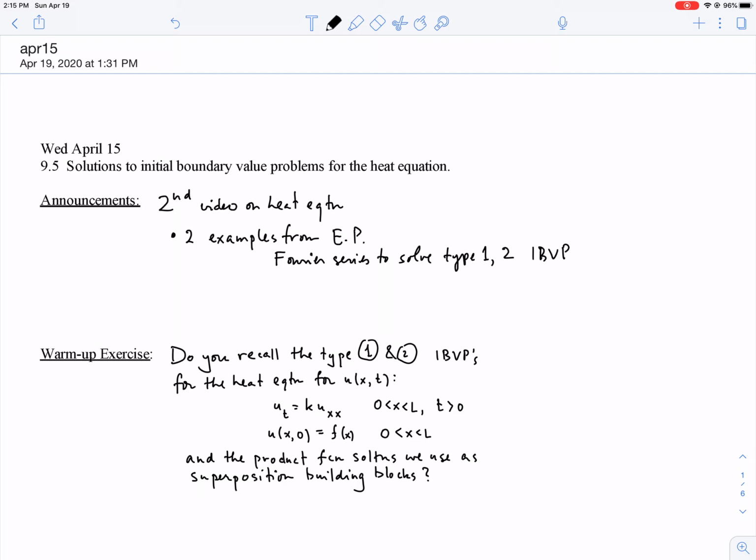And as we talked about in the last lecture, the idea is to use superposition of product solutions of the form a function of x times a function of time, which works because this is a homogeneous linear PDE.